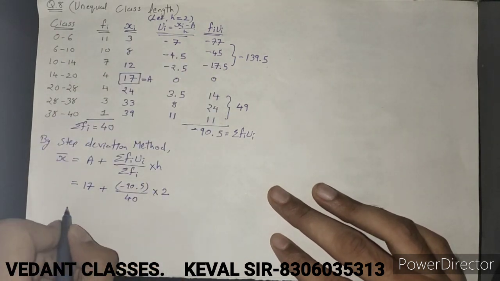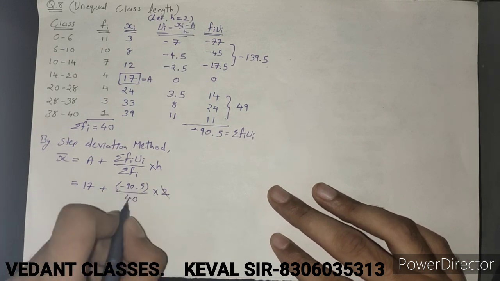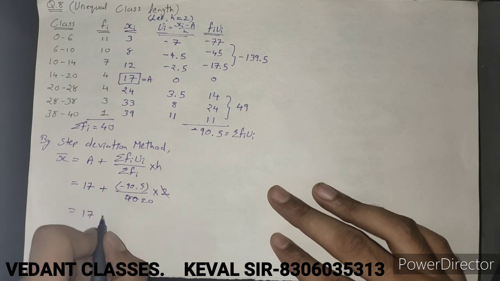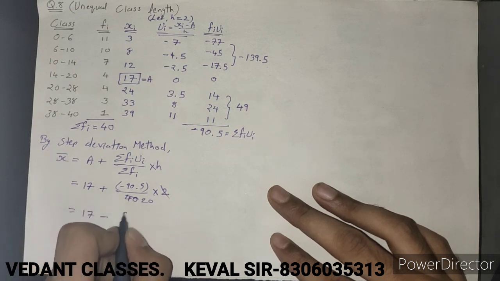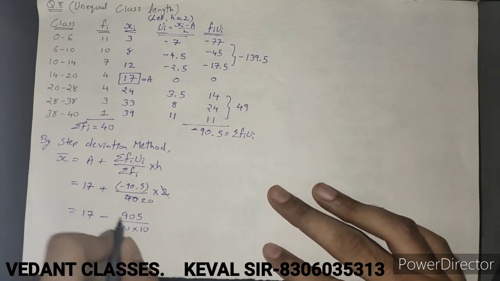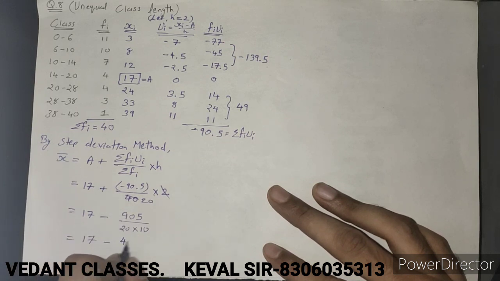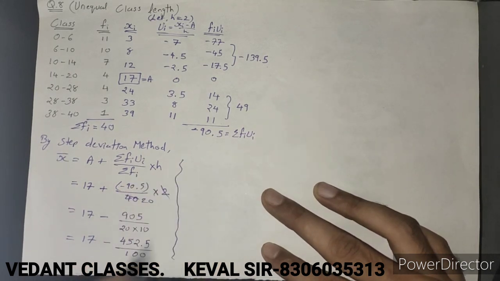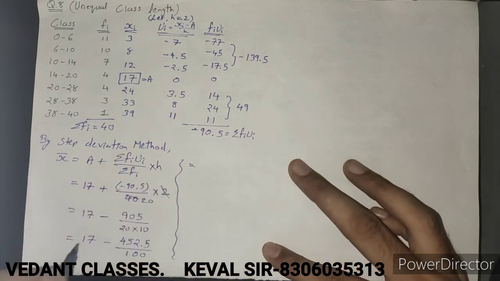Okay, so this will be like 17 plus minus, this will be minus, so this will be like 905 upon 20 into 10, we can write like this. Okay, so divide 905 by 2, so it will be 452.5 divided by 100, so it will be 17 minus 4.525.